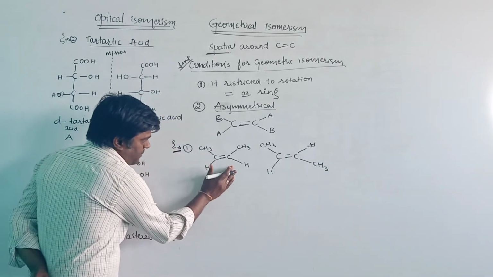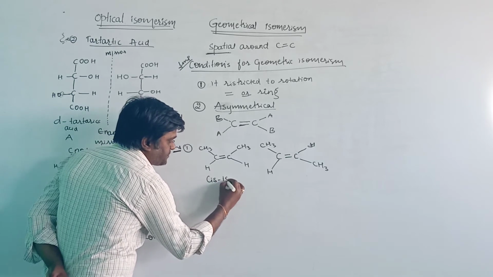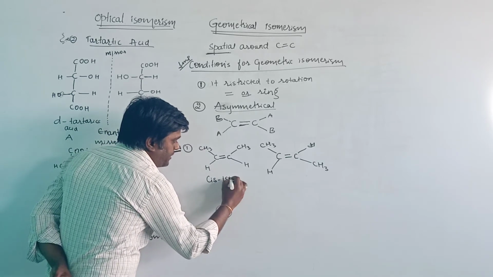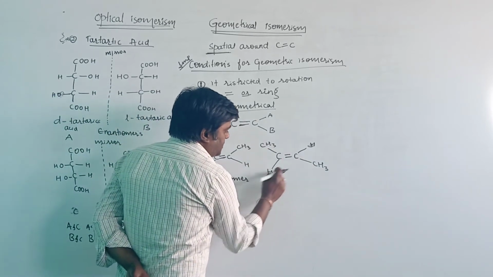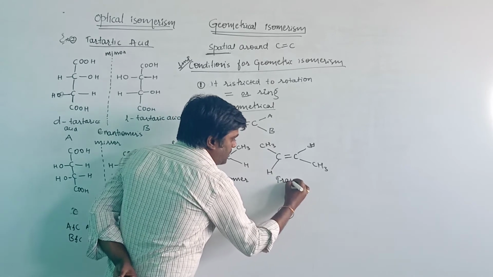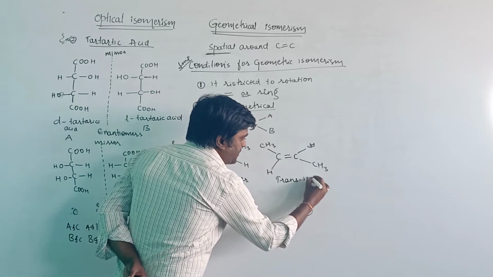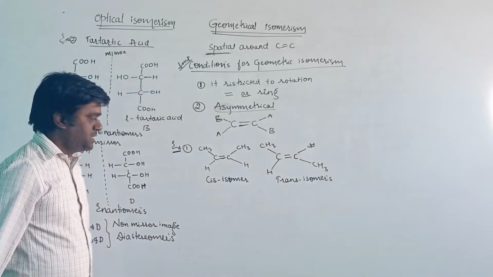When the same groups are on the same side, such compounds are known as cis isomers. Here, this compound is the cis isomer, and if the same groups are on opposite sides, such compounds are known as trans isomers.